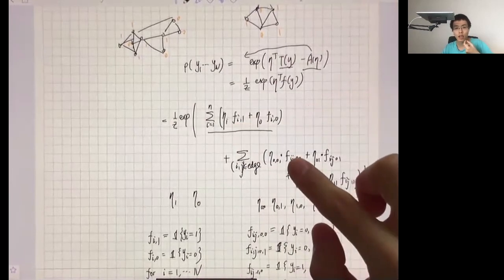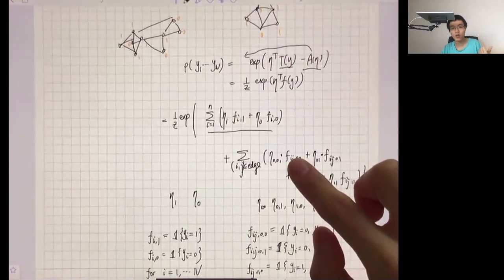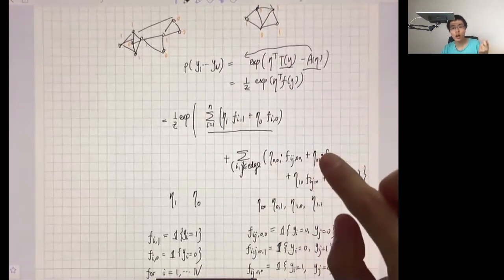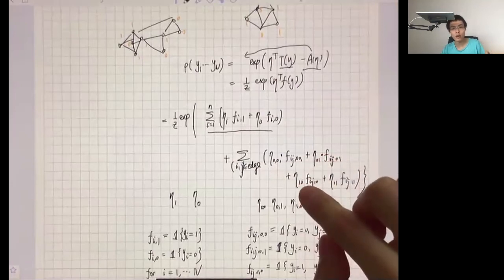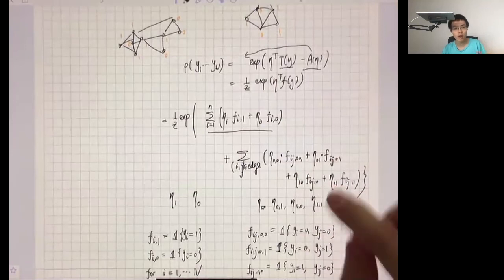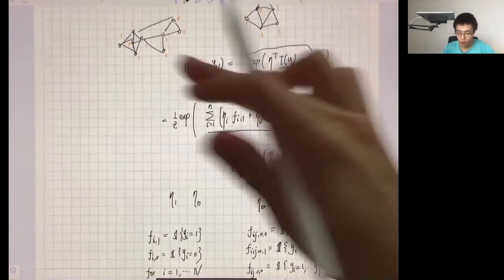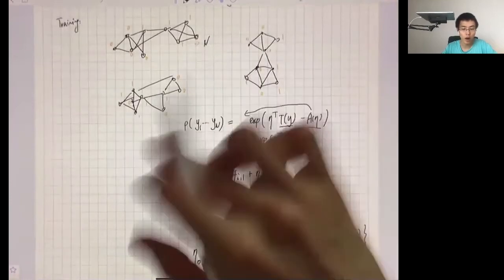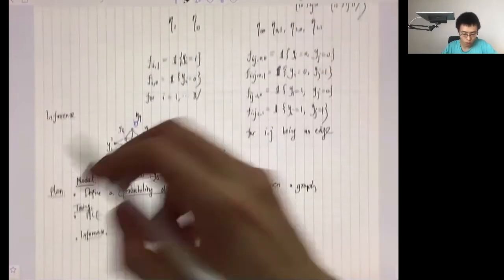Pairwise features tell you how likely a pair is 0, 0, how likely it is 0, 1, how likely it is 1, 0, and how likely it is 1, 1. So in this way, I just define the exponential family on this graph. So the model is done.